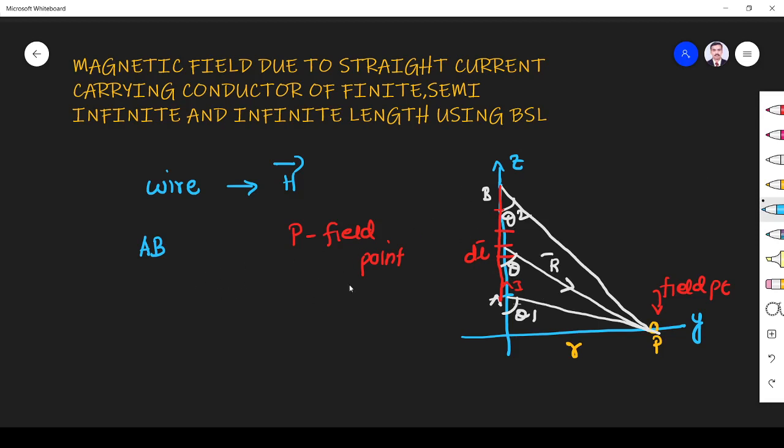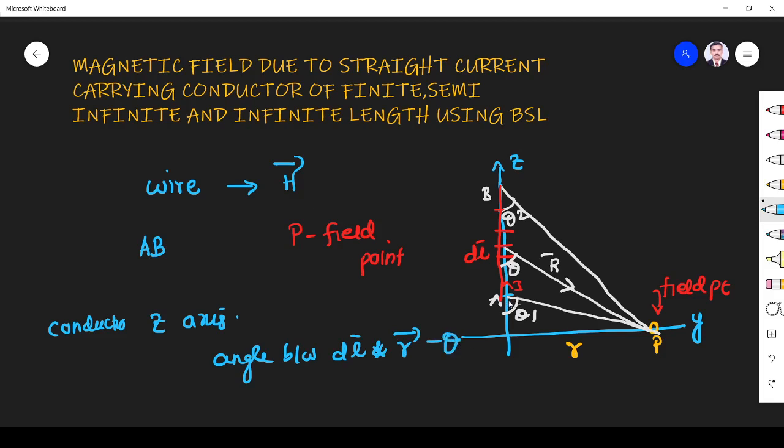I keep my conductor along the z-axis. The distance from the small current element to the field point we call R, and the angle between dL, the small current carrying element, and the R vector is theta.